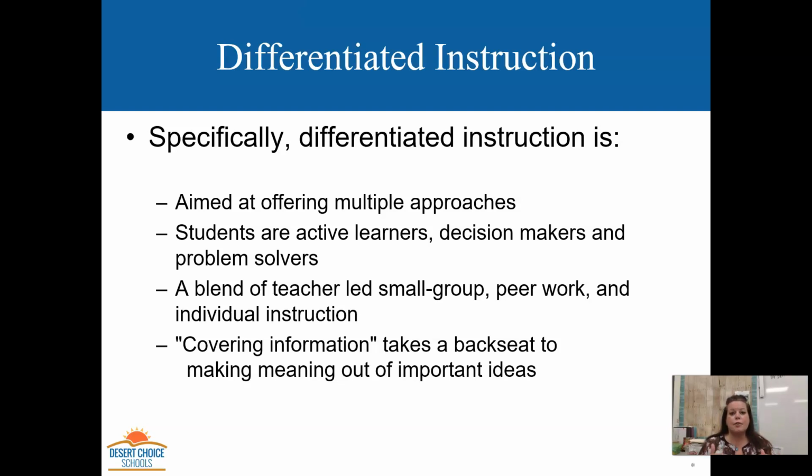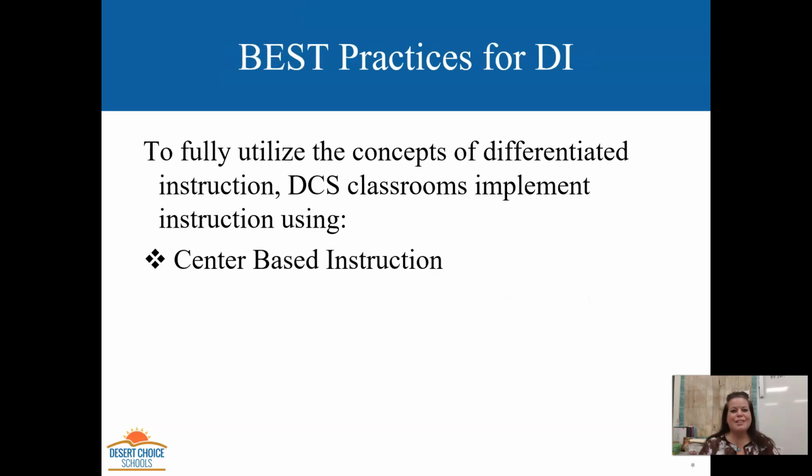I can't tell you how many teachers I've worked with where they just wanted to take the worksheet, put it in front of the kid, and if the kid produced work on the worksheet, they thought that was success. Okay? No, that is not the model here. So, best practices for direct instruction. To fully utilize the concepts of differentiated instruction, DCS classrooms implement instruction using center-based instruction. So let's get into that a little bit now.